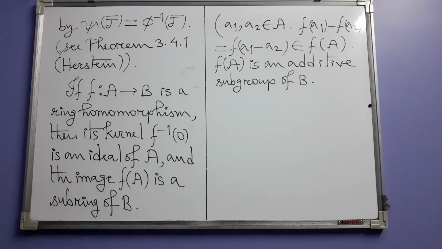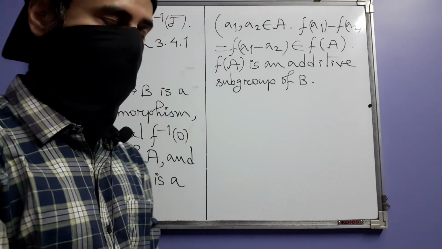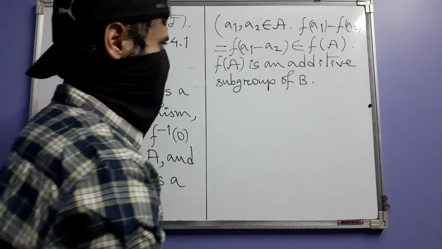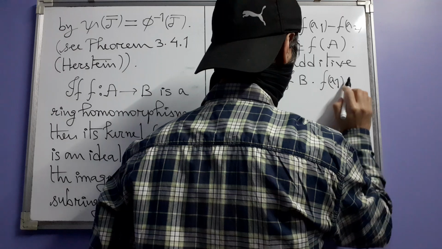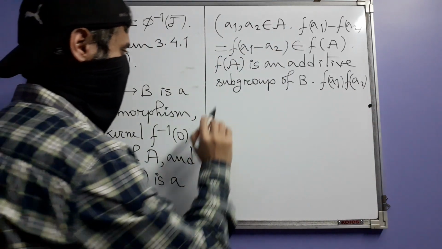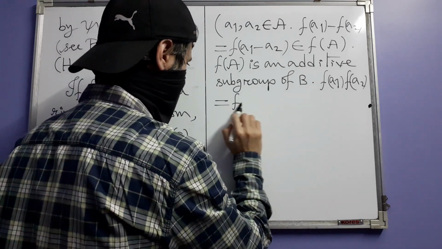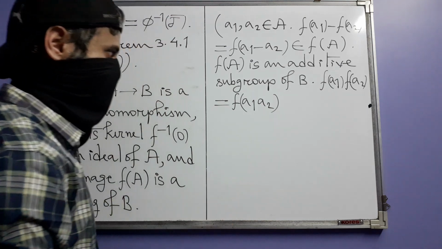Okay. What else do we need for f of A to be a subring? It also needs to be closed under multiplication. To see how, we take the product of these 2 elements. Again, because f is a homomorphism, so respects multiplication, we get this.